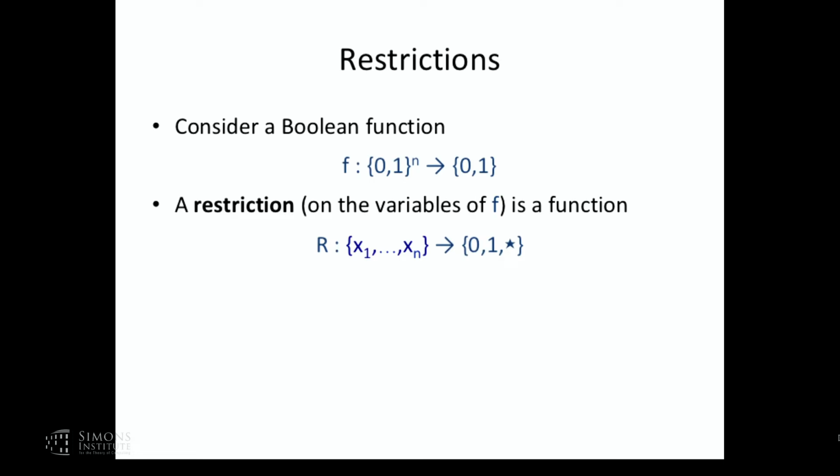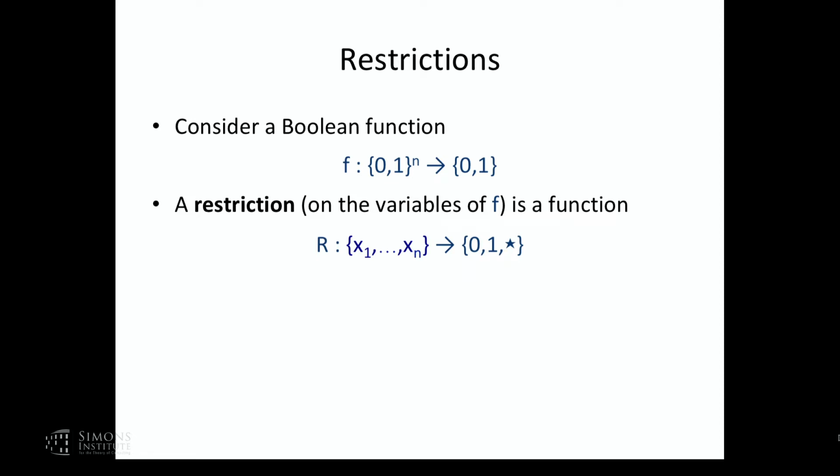Okay, so on to an overview of gate elimination arguments and shrinkage of De Morgan formulas. Well, I should say, please feel free to interrupt me at any point with questions. Okay, so we're going to be talking for now about subcube restrictions. So we have a Boolean function f of n variables.